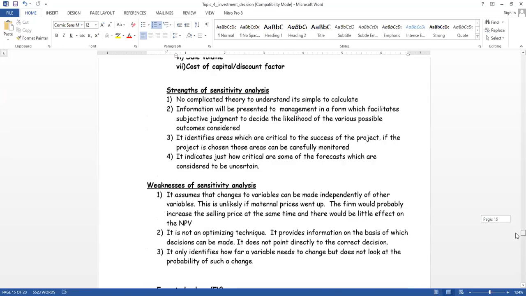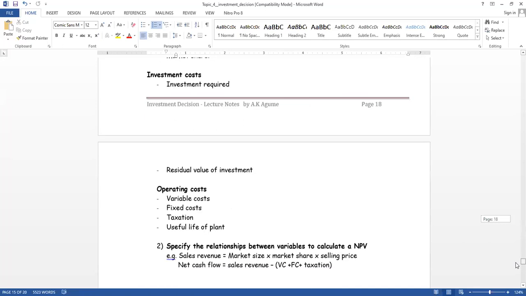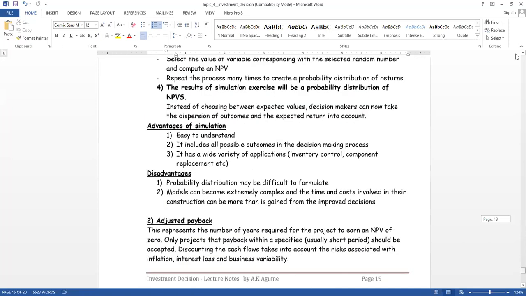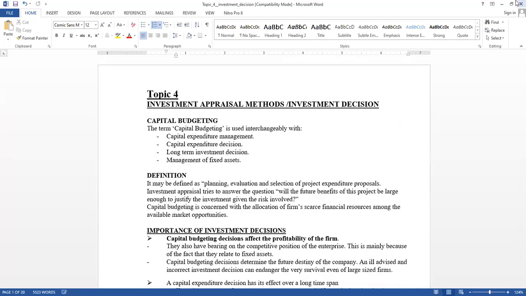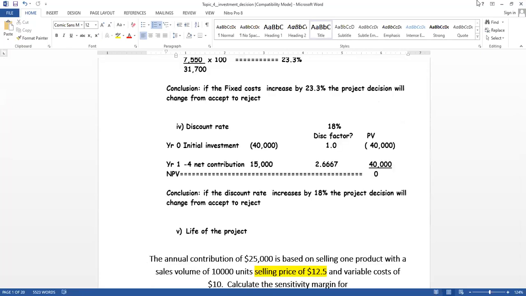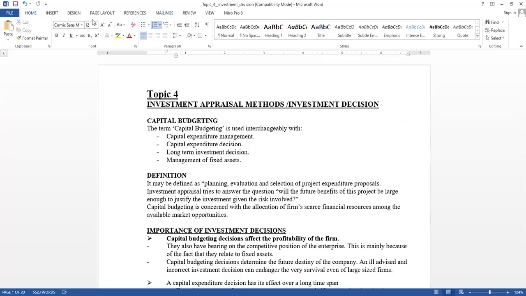Then next week we should finalize the investment decision, and then look at the last 2 decisions, dividend and financing. I sent notes on dividend because I don't think I will take much time on the financing decision. You should have looked at those theories.